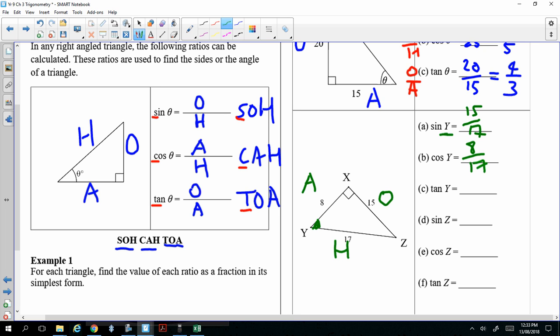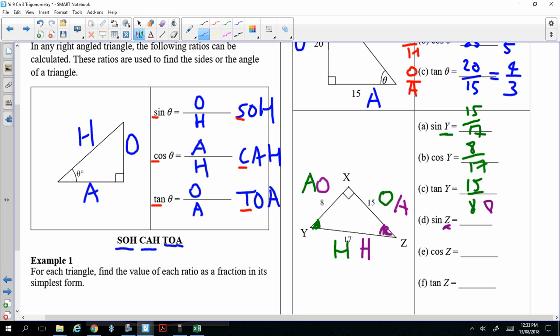Okay. Now what if the angle got changed? What if they do z instead? So in that case, this will be adjacent instead of opposite. This will be opposite, but that will still be h. Right? So therefore, to find sine z, you do opposite over hypotenuse, 8 over 17.